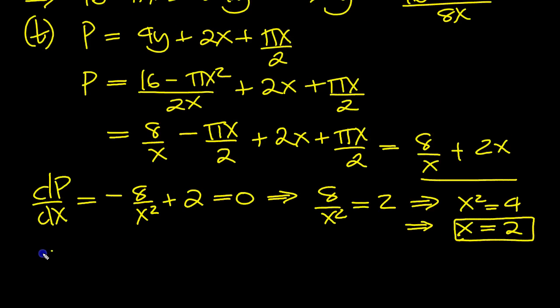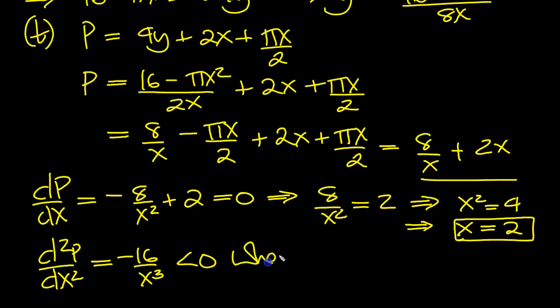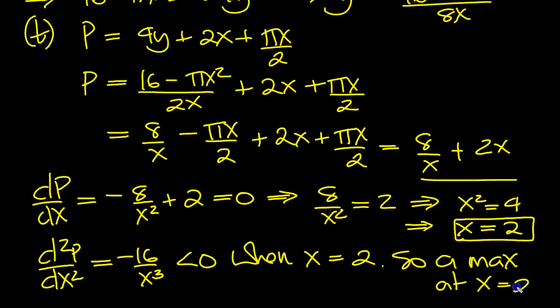This is the turning point. The second derivative, d2P/dx squared, is 16 over x cubed, which is positive when x equals 2. In fact, for any positive x this will be positive, so a minimum at x equals 2.